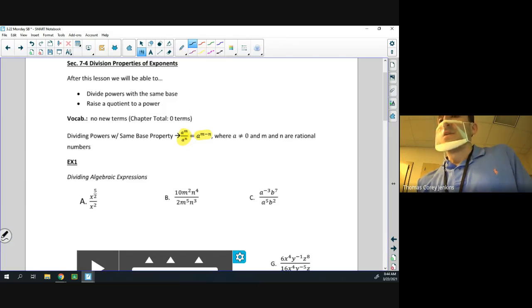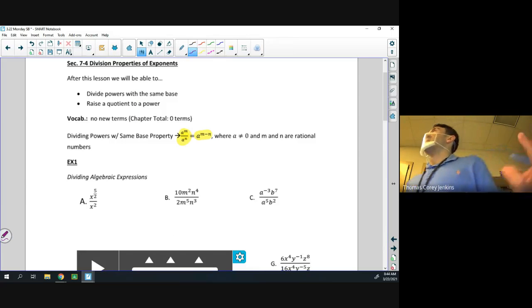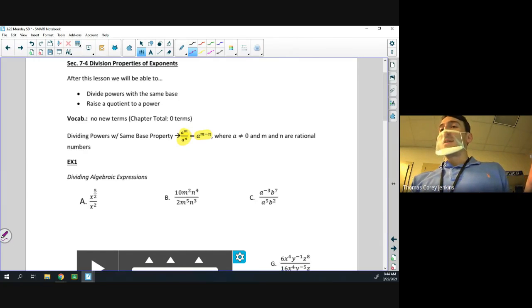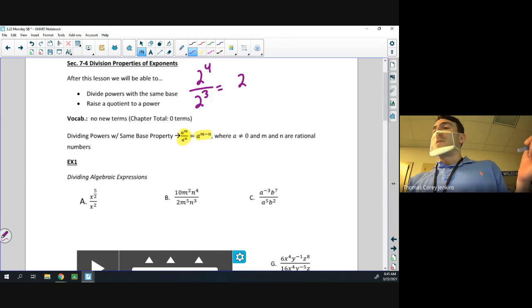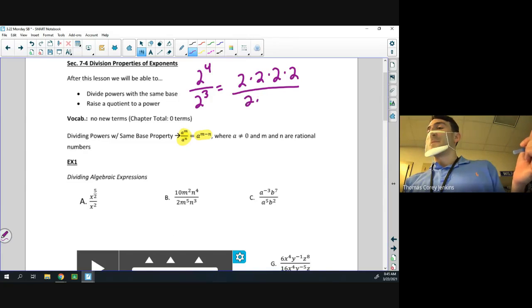We also talked about this a little bit on the DMR, but why does that work? Let's say we had 2 to the 4th divided by 2 to the 3rd. If we think about that literally, this is what it means.